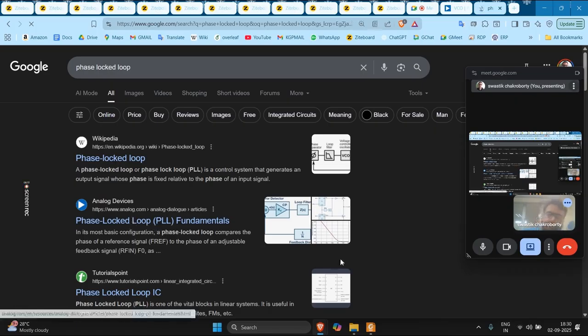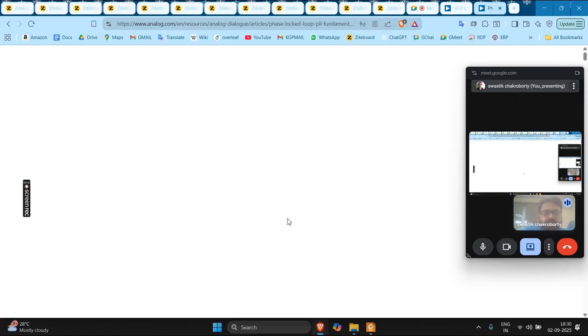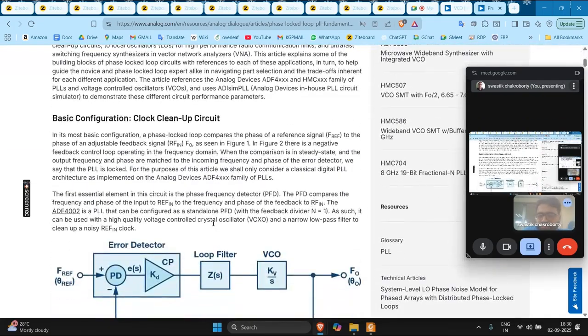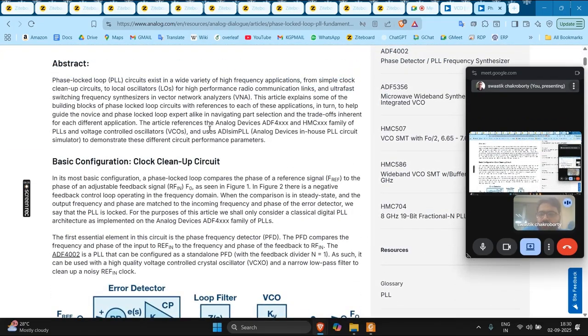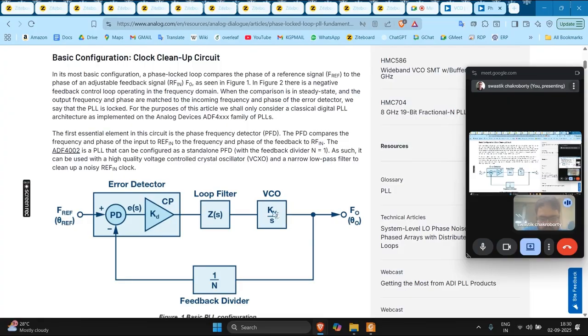A PLL is basically a loop circuit which has a VCO inside it, and it tracks an external frequency. If you give it some external frequency or phase as an input, it will create an output approximately equal to the frequency or phase of the input. So it is constantly tracking the frequency or phase of the input.